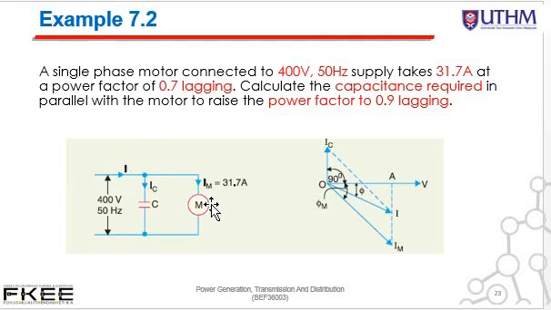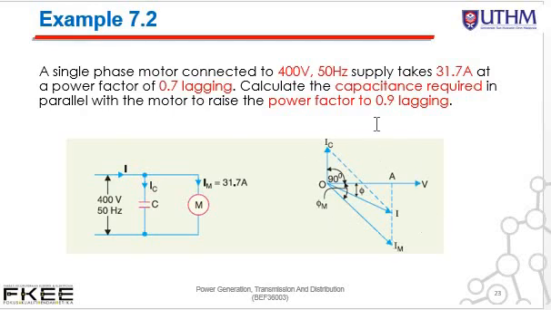The voltage is supplying a motor which draws 31.7 ampere at 0.7 power factor lagging. Initially the capacitor does not exist, so we add a capacitor in order to improve the power factor. By having a capacitor in parallel with the motor, the system managed to improve the power factor from 0.7 to 0.9 lagging.